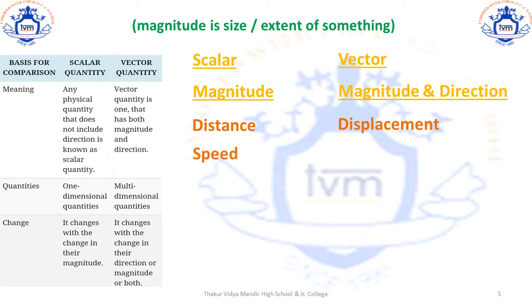But if I tell you that the bus is moving 50 kilometers per hour in the south direction, I give you the numerical value as well as the direction. So this is velocity. Velocity is basically the change in place. Since it's happening from one place to another, there is travel, so it will happen in a certain direction. So velocity is a vector quantity.